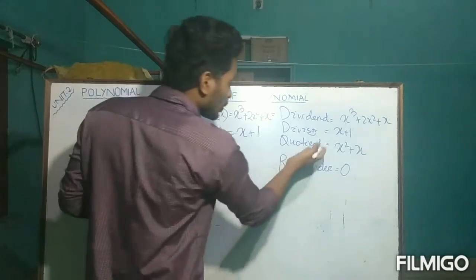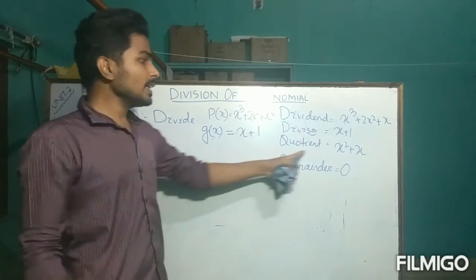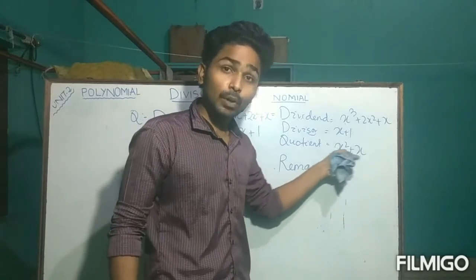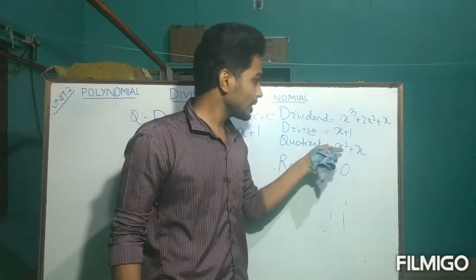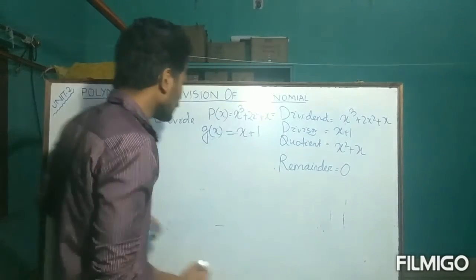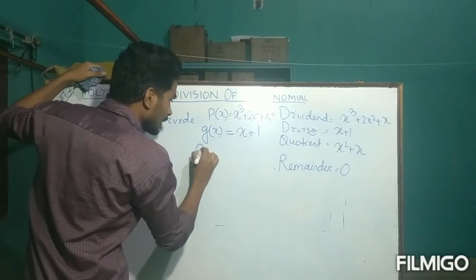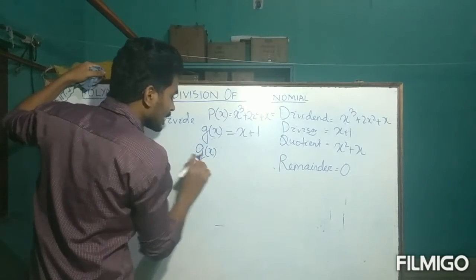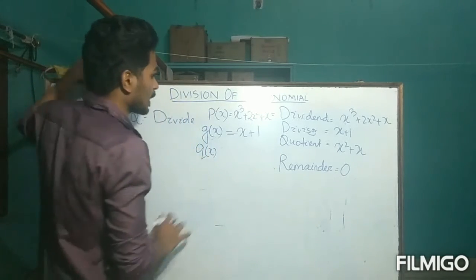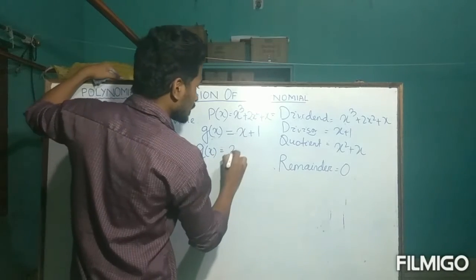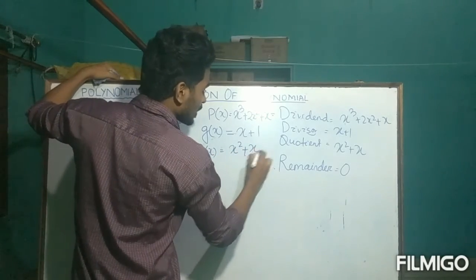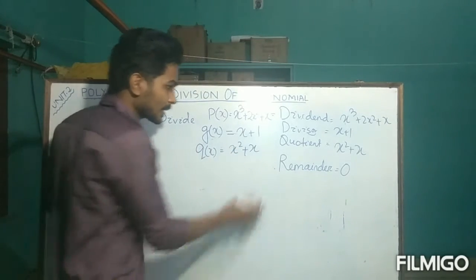Now coming to the quotient. The quotient is also a polynomial of two terms, so it is also a binomial. So we can write the quotient as q of x, which is x square plus x.